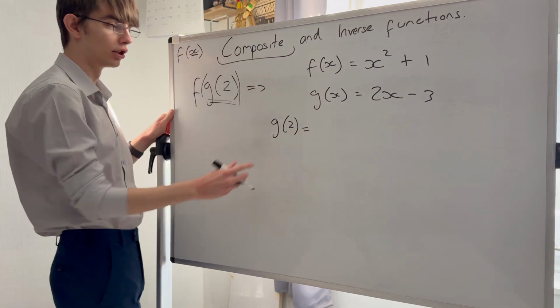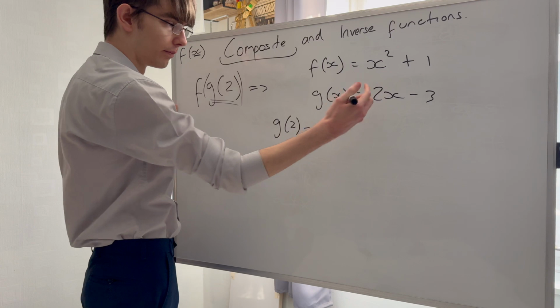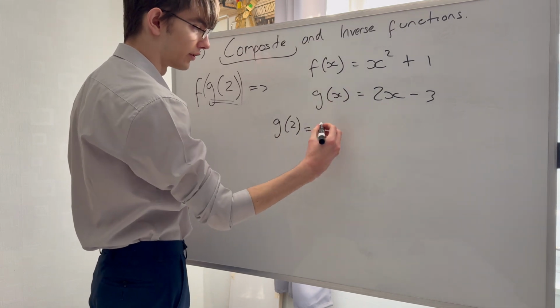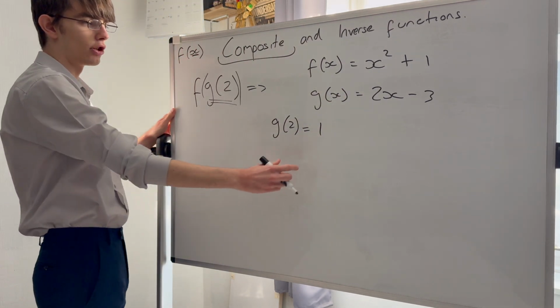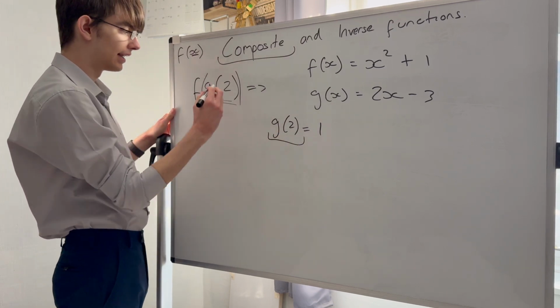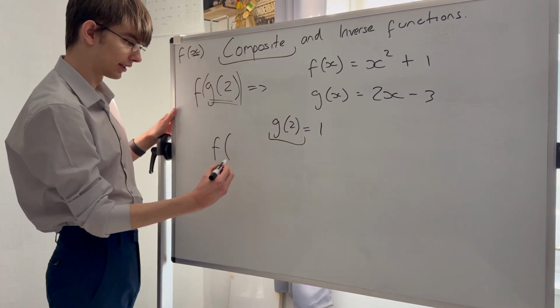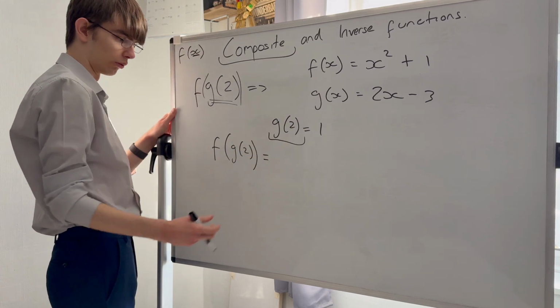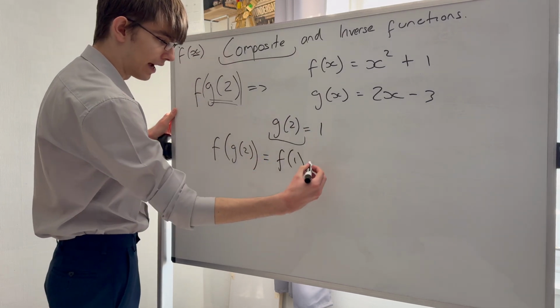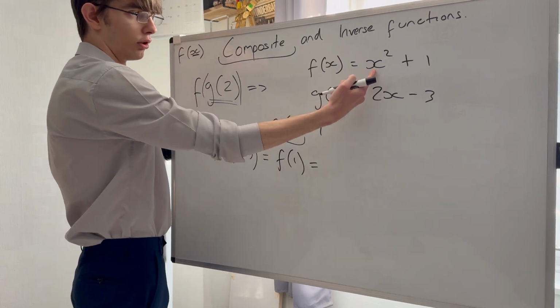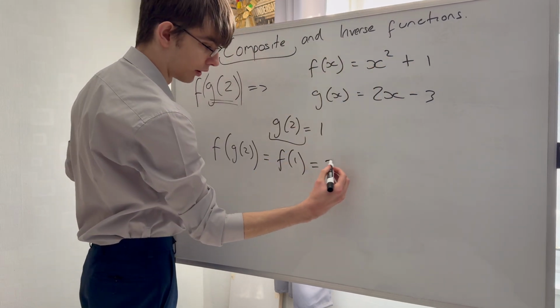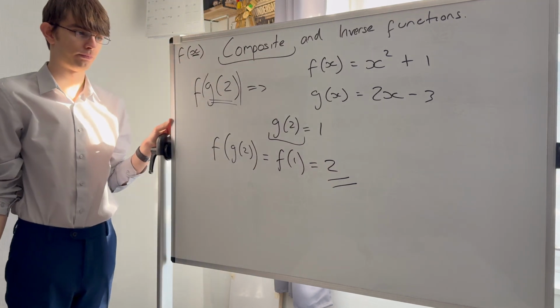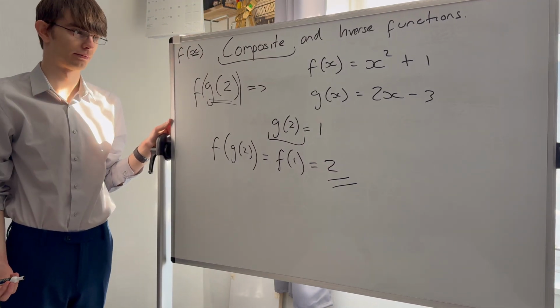So I'm putting 2 into my g function. So 2 times 2, 4, minus 3 is 1. And then I am putting this into my f of x. So f of g of 2, or g of 2 is just 1, is f of 1, which is 1 times 1 plus 1 is 2. And this is how composite functions work.